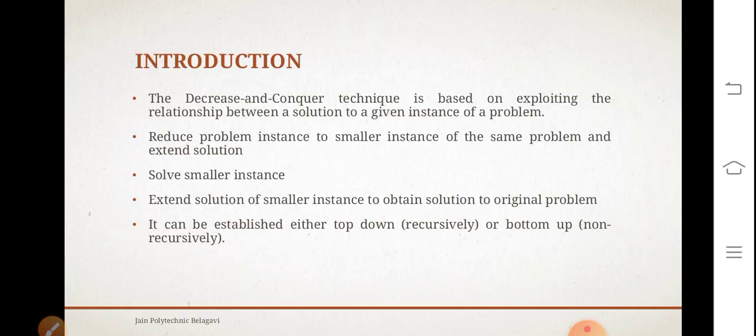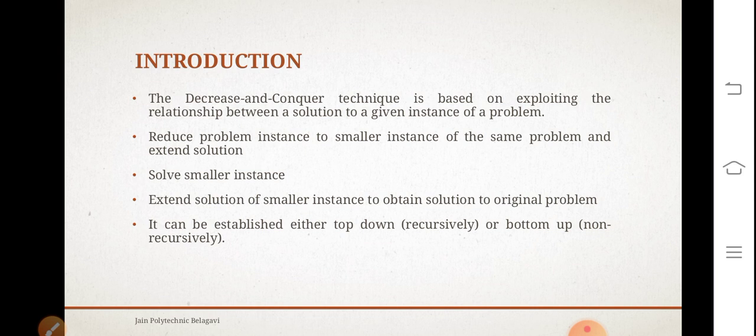At the very first introduction, the decrease and conquer technique is based on exploiting the relationship between a solution to a given instance of a problem and a solution to its smaller instances. Once such a relationship is established, it can be exploited either top down or bottom up.